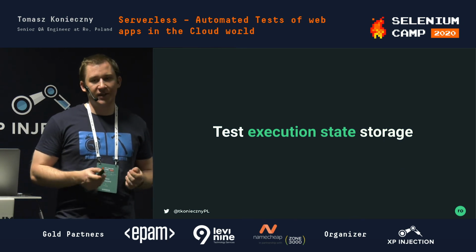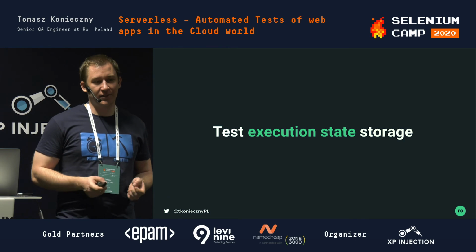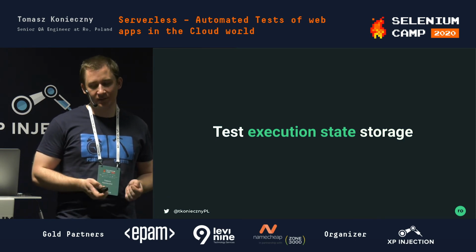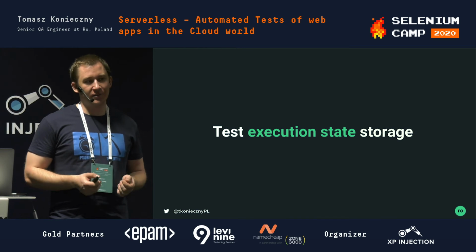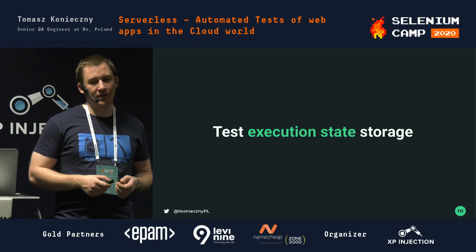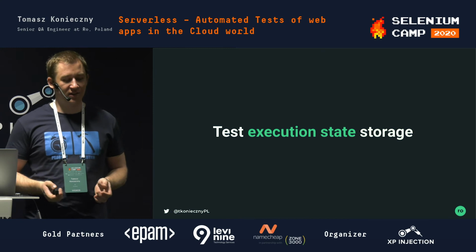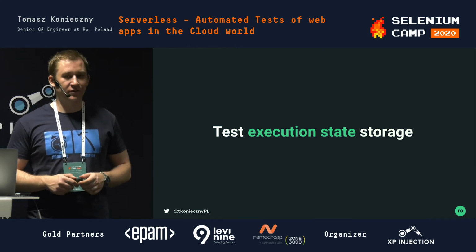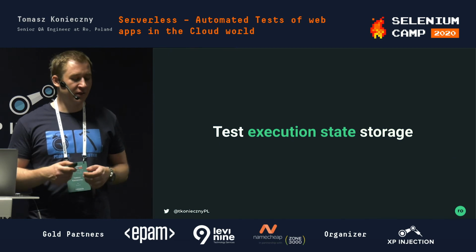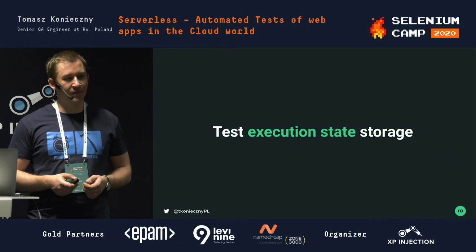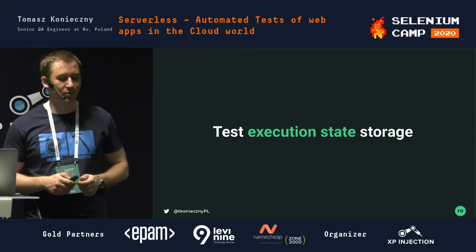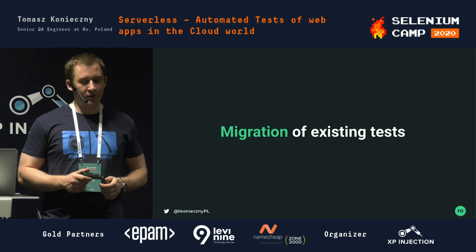So the runner will create test execution states in the DynamoDB database for every execution, and the Lambda function will update the specific one with the current state. If it passed or failed, it will post logs there. So we will have everything in the database. And in this case, the maximum execution time is 15 minutes, which should be enough for any standard end-to-end test.